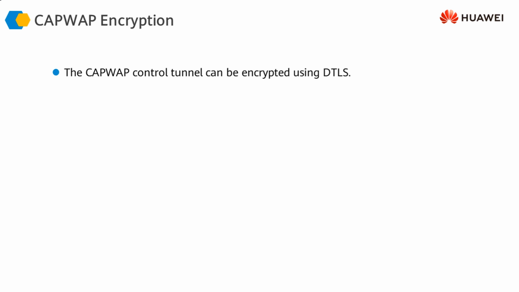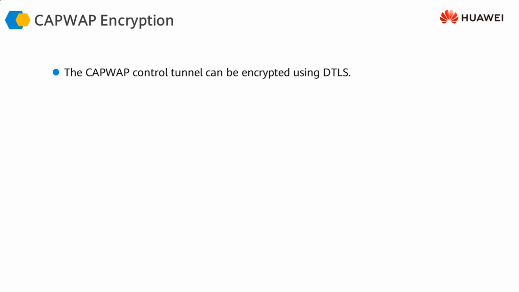DTLS stands for Datagram Transport Layer Security, because the control information exchange between the access point and the controller is based on UDP. So we have to use DTLS, the datagram-based version of Transport Layer Security, or TLS.